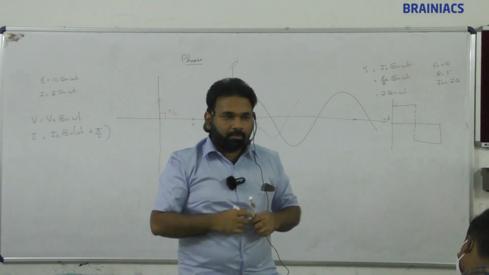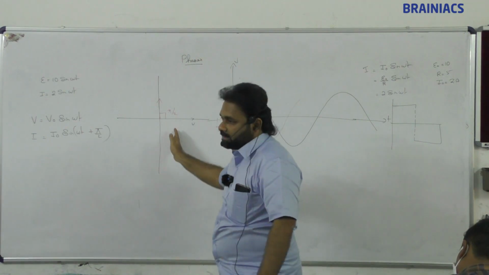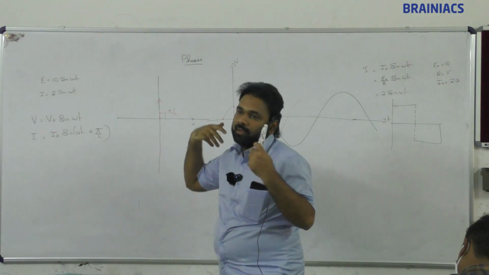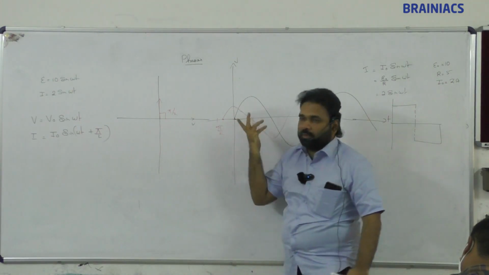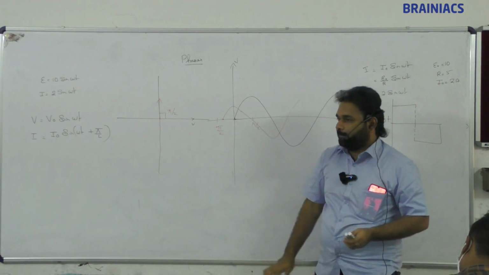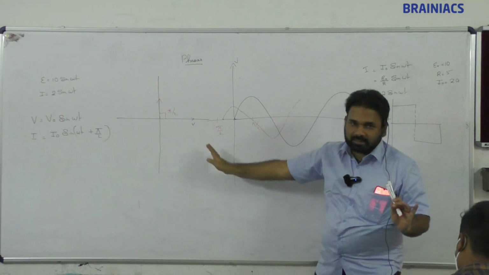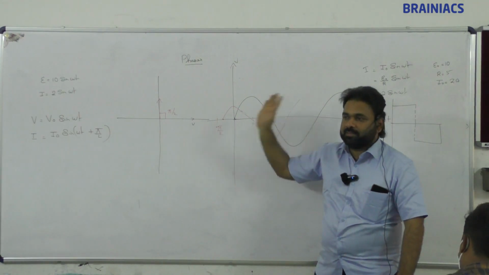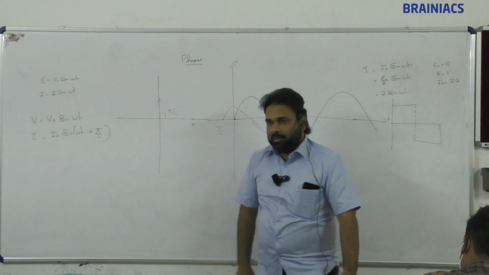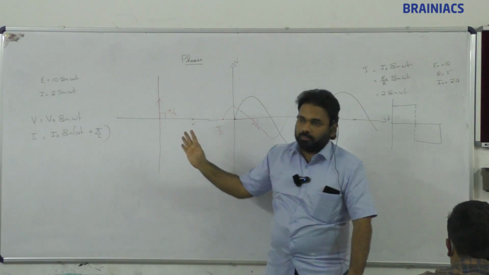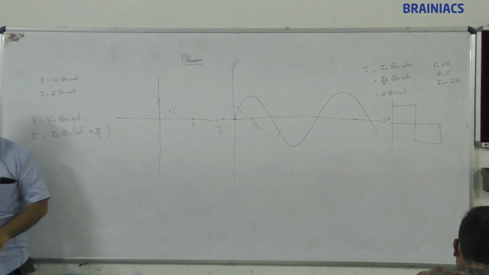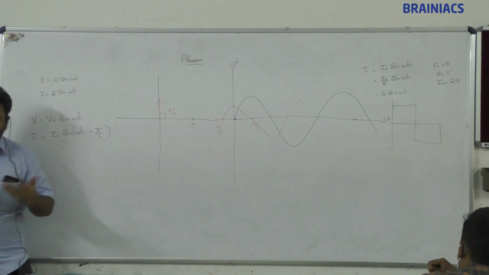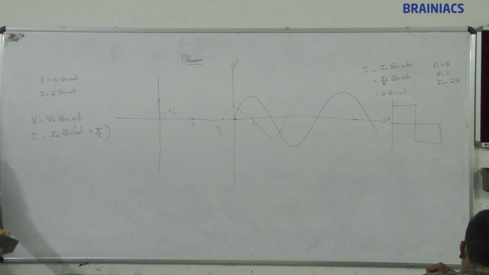Just looking at this, we can say I is equal to I naught sine omega t plus pi by 2, and this is going to be V naught sine omega t. So likewise we can play. Okay, this is enough, just for understanding of phasor. The remaining things we will do just like vectors. Not even vectors, very simple vector also.